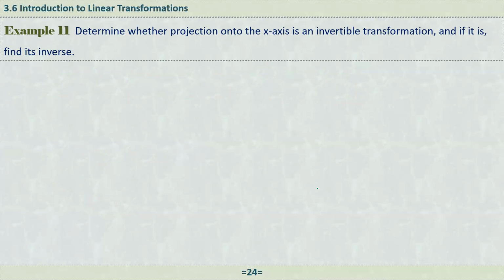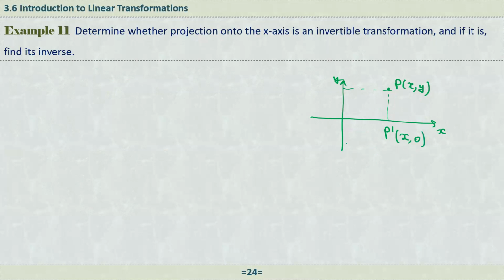Okay, the last example: determine whether projection onto the x-axis is an invertible transformation, and if it is, find its inverse. If you remember, we did this in the previous examples. The projection of the point x and y onto the x-axis, where this one is the x-axis and this one is the y-axis, will be x and 0.